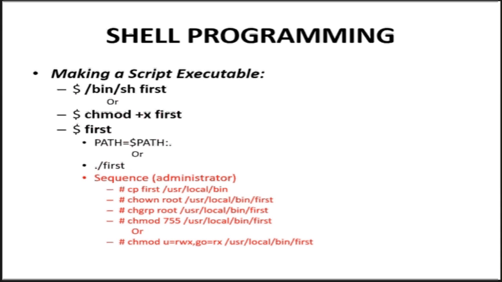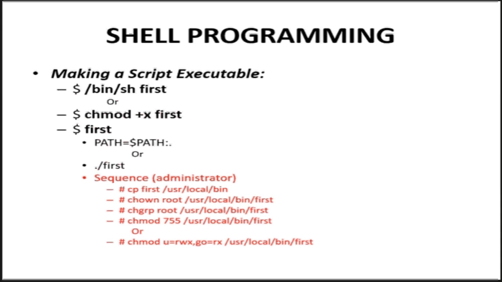Here u represents the owner or user who created the file. For the user or owner, I am giving all the permissions like read, write and execute, but my intention is that I don't want others to execute the script file. That means I don't want anyone other than the one who created the file to execute it.